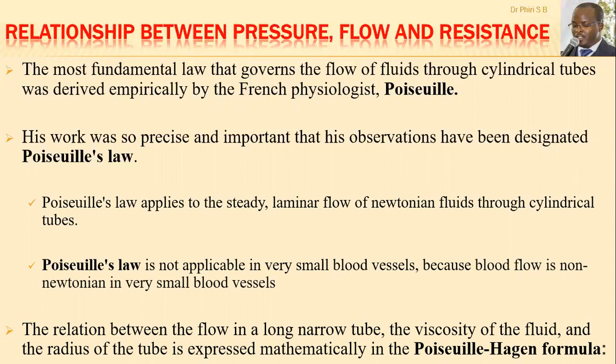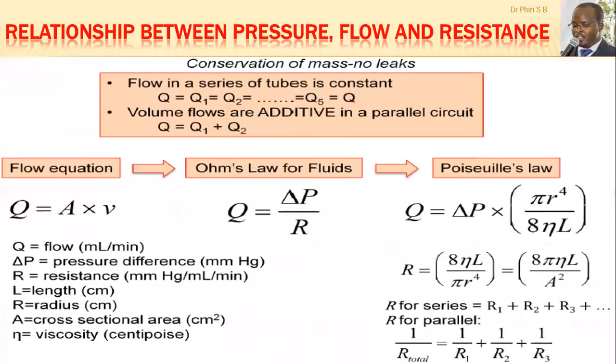I want you to understand this Poiseuille-Hagen formula. It is also derived from the flow equation. Remember, we said velocity is equal to blood flow divided by the cross-sectional area.